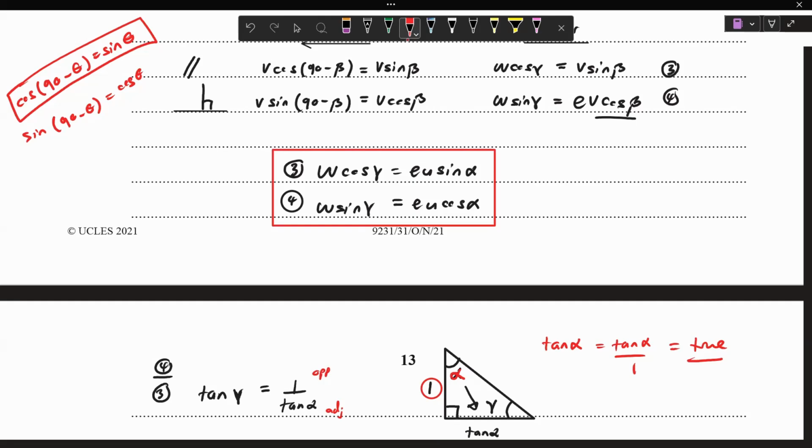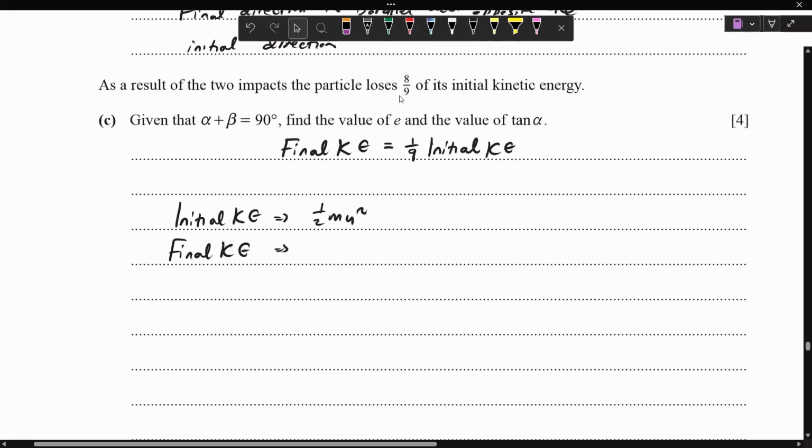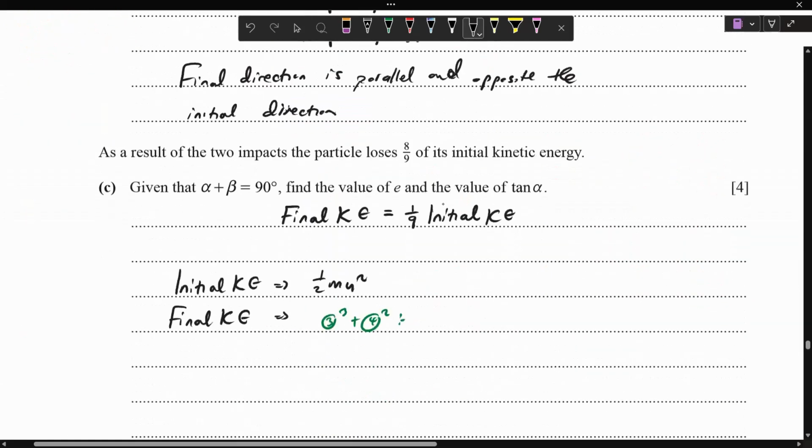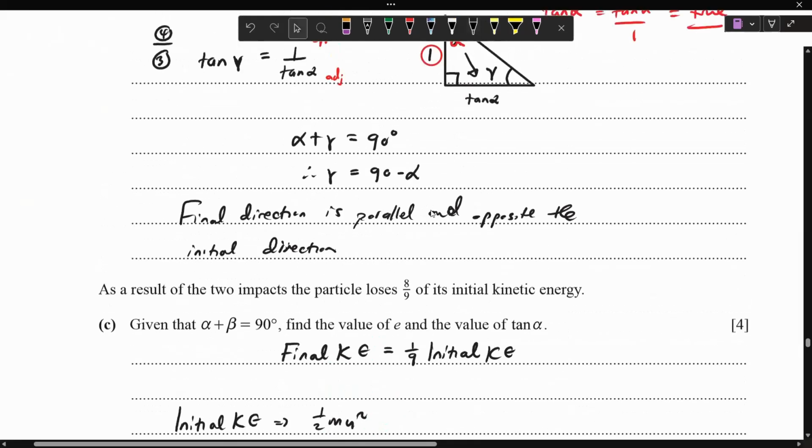If we say equation 3 squared plus equation 4 squared, then for equation 3 squared, that will be W squared cos squared gamma plus W squared sine squared gamma. That's the left side.